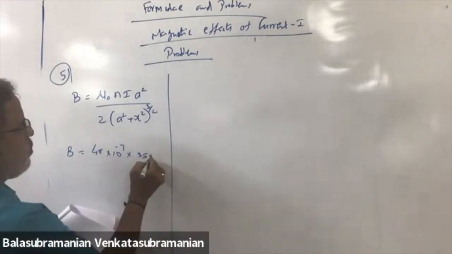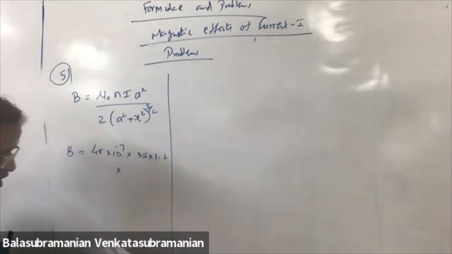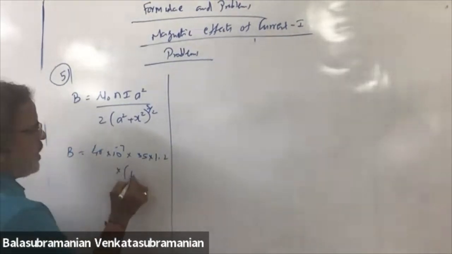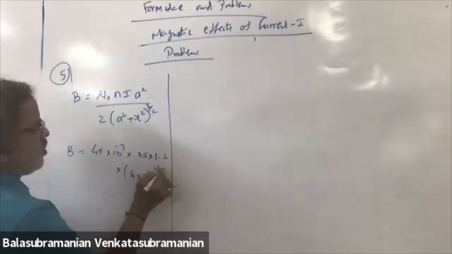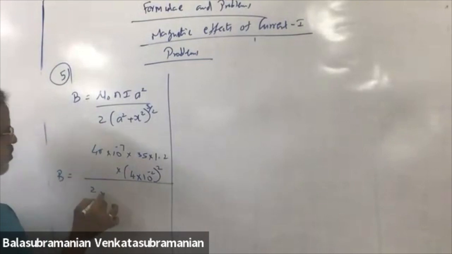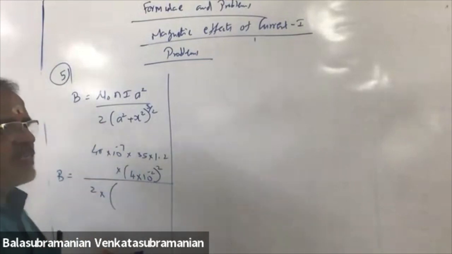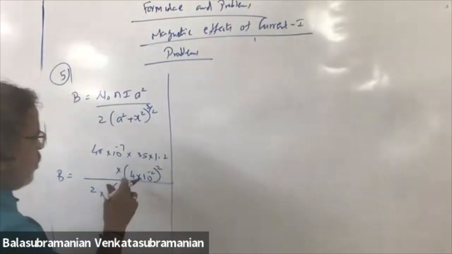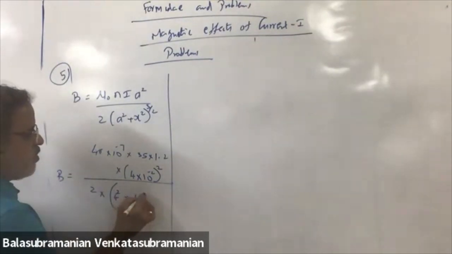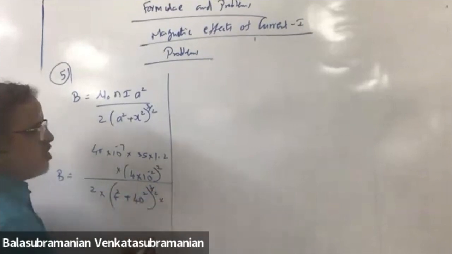Current given is 1.2 ampere. Radius 4 centimeter, (4 into 10 power minus 2) the whole square, by 2 into (A square plus X square), that is 4 square plus distance 40 square, power 3 by 2.